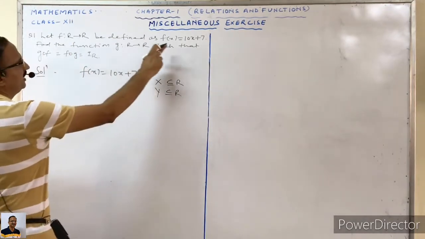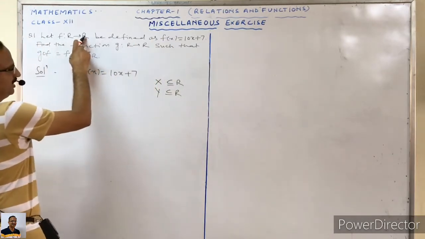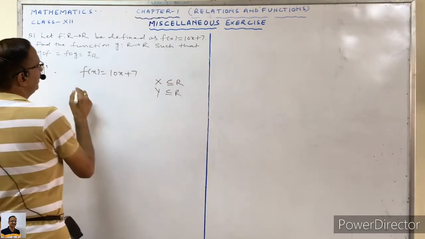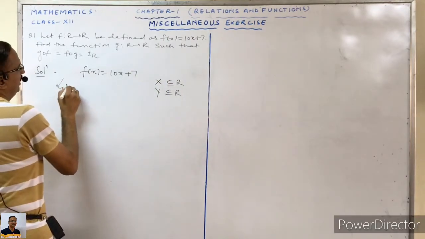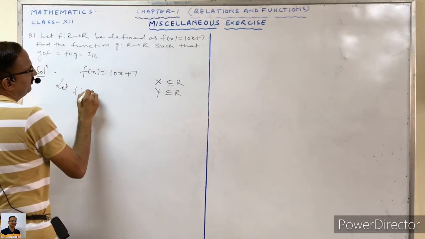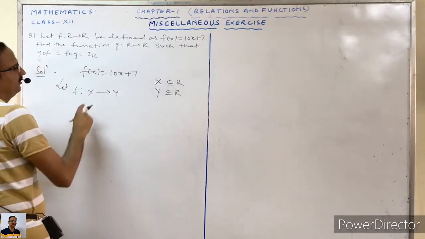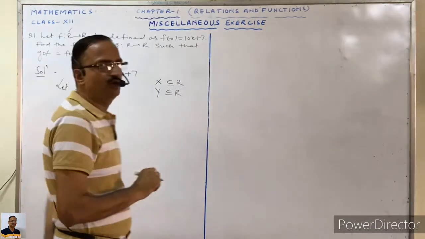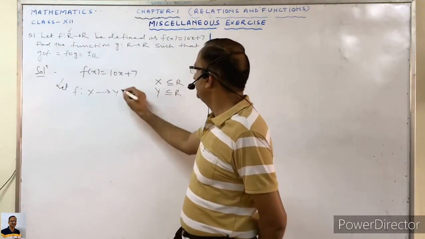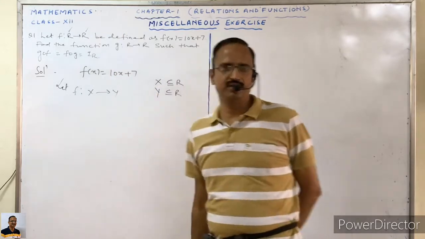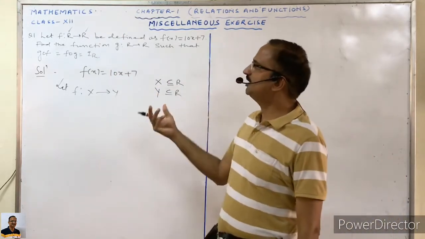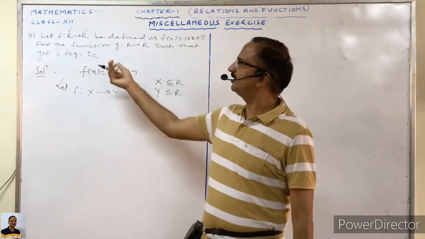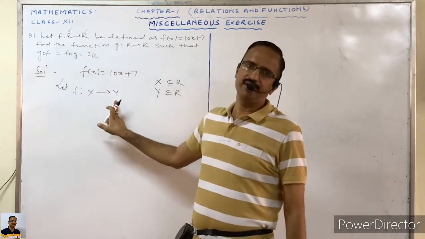Now our function fx is defined from R to R. So we will assume that f is defined from x to y, where x is the subset of real numbers, meaning domain, and y is also a subset of real numbers. So we assume a small set of real numbers, that is x, and similarly a small set of another real numbers, that is y.